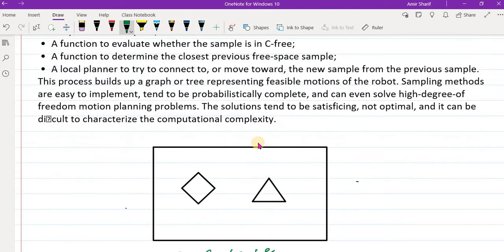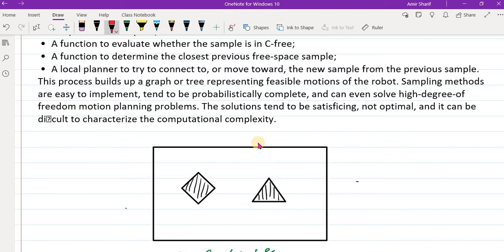Here we have the obstacle space, and we are not interested in it because our path cannot enter the obstacle space. Our solution depends only on the free space, so the robot can move only in this space.